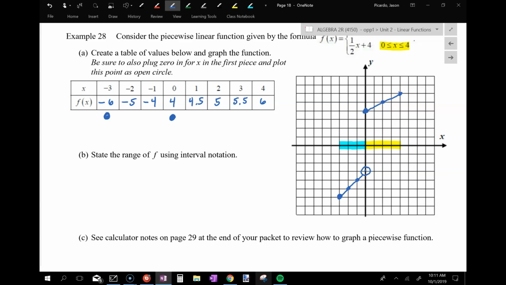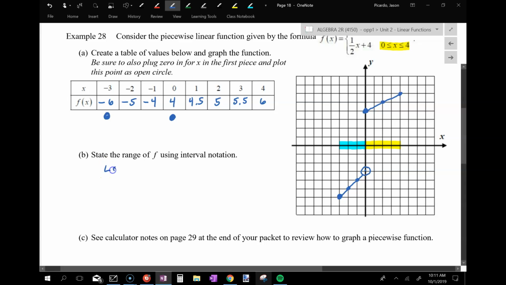State the range. State the range. Guys, when we talk about range, what am I talking about? I'm talking about low to high. So if I look at my graph, what is the lowest value on my graph? It's right here, correct?